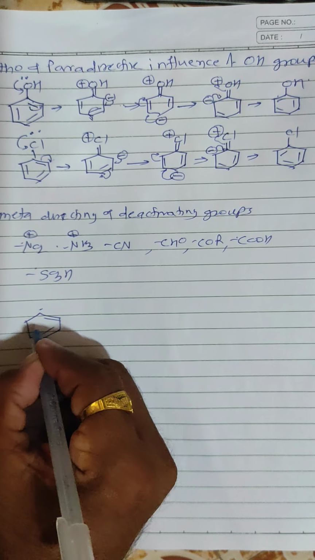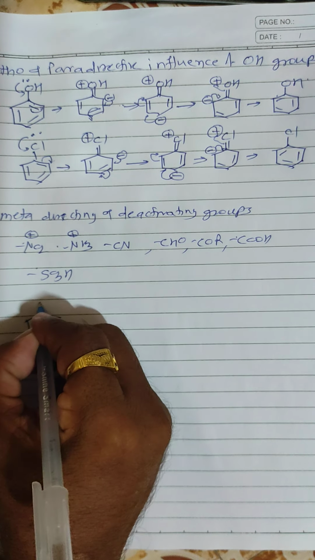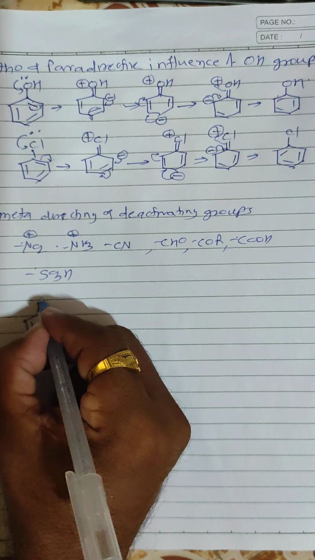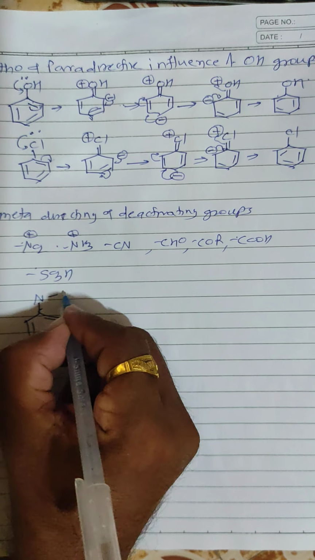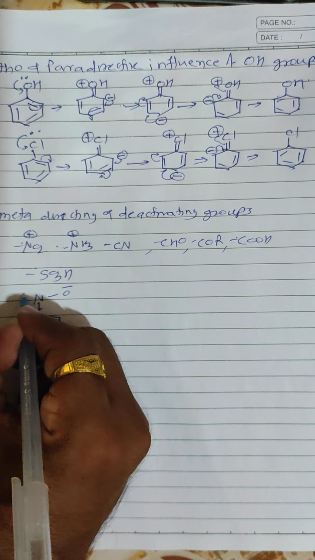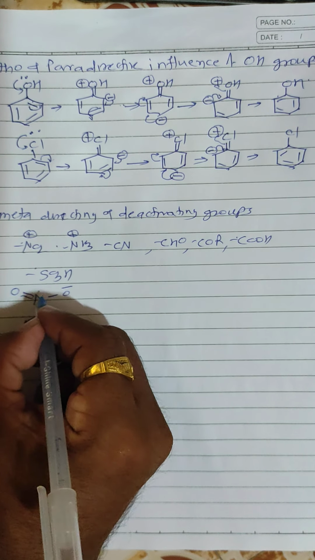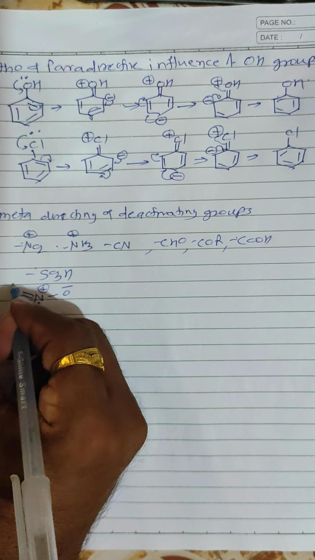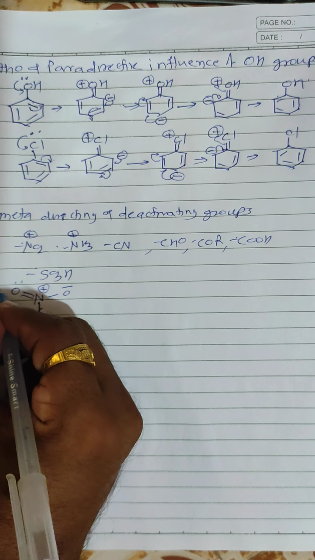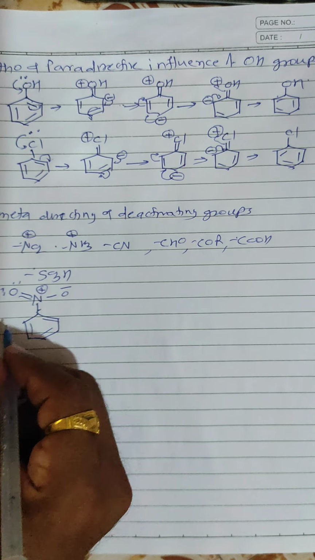This is the structure of benzene with nitro group N, then O minus, double bond O, having two lone pairs of electron.